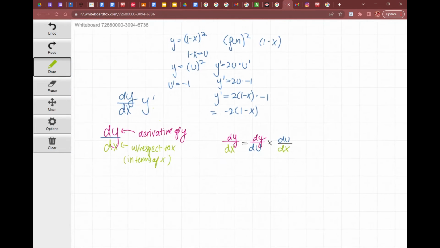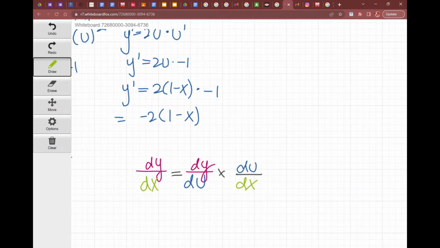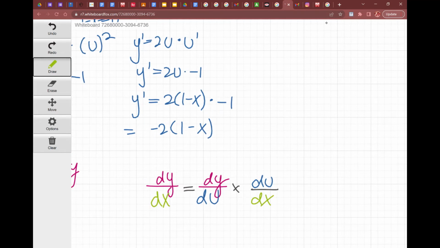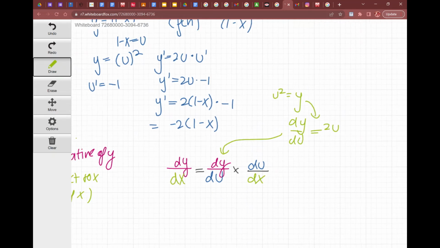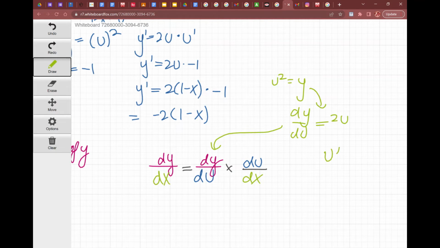And you can see that in the problem we did here, because u squared equals y, so the derivative of y with respect to u, dy over du, is just going to be 2u. That's simple power rule. You guys learned that. But then you also have to do the derivative of u with respect to x, which is just u prime. In this case, it was just negative 1, right?